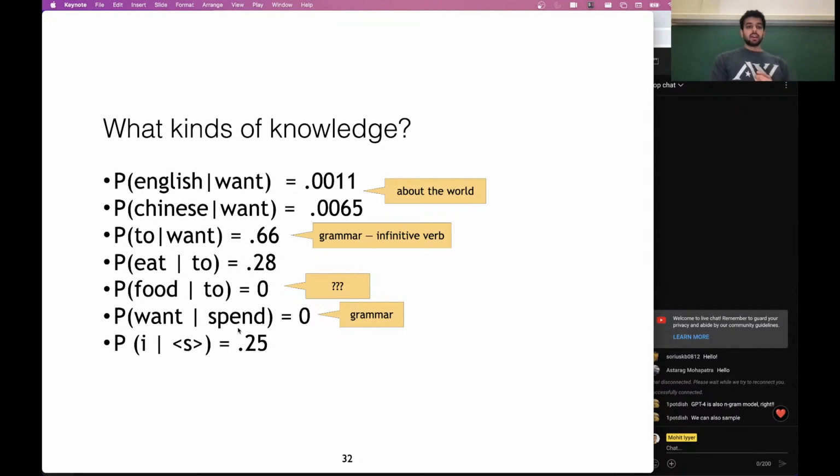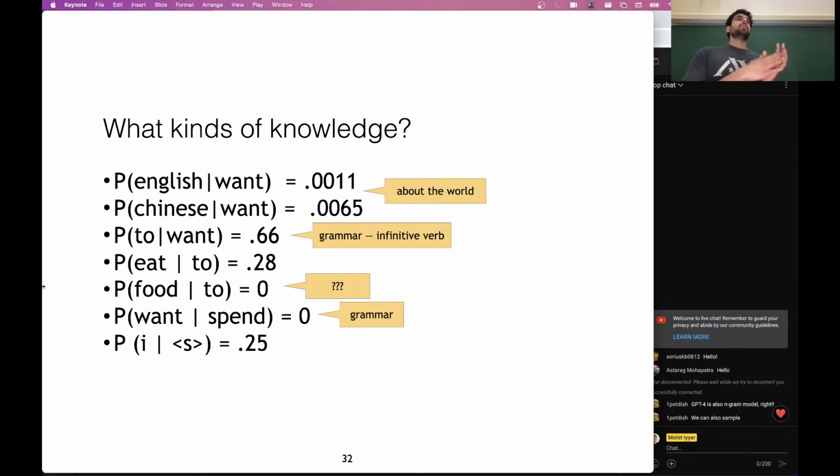Or the probability of "spend want" is 0. That doesn't make sense, so we're learning that that's probably not a grammatical thing to say. And the probability that I is the start of the sentence is high. We know that that's pretty common, right? I is a very common pronoun to start the sentence.